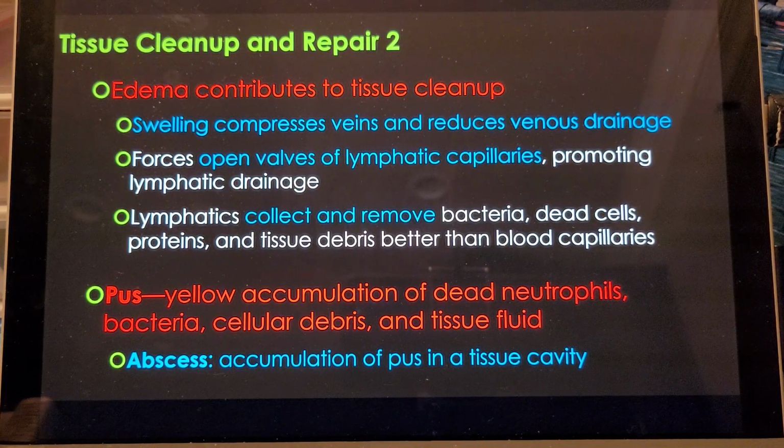That pus can sometimes be packaged up in an area in a tissue cavity and just kind of stay there. Or sometimes if it bursts and is stuck in the tissue versus going out towards the skin, you end up being stuck there, and eventually it just takes time for it to clear out.